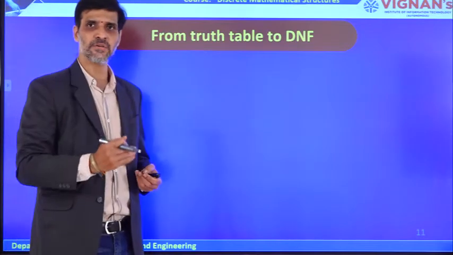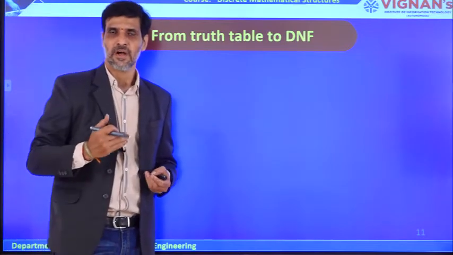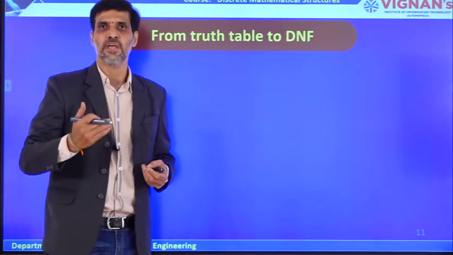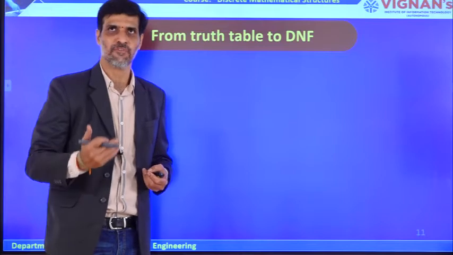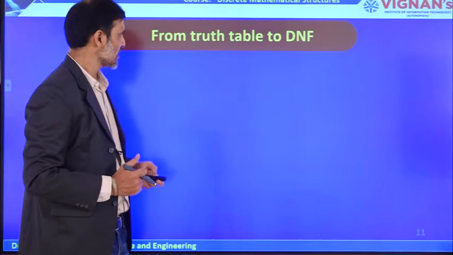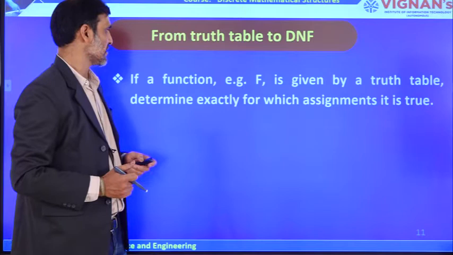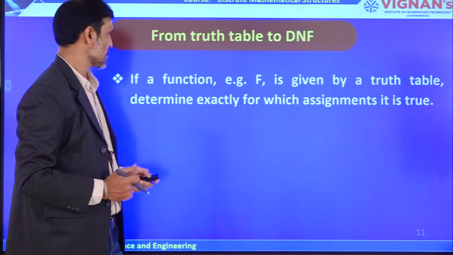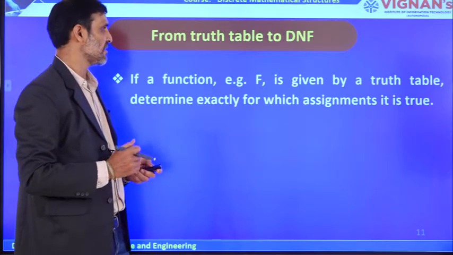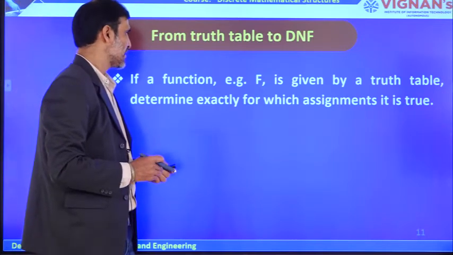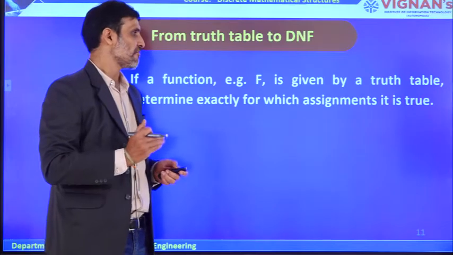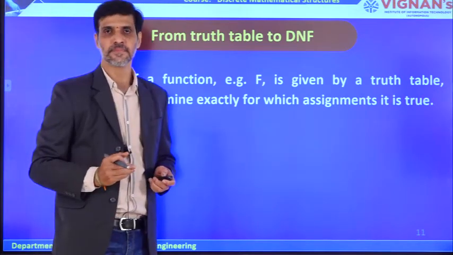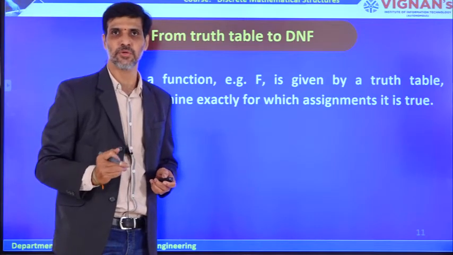So let us first discuss how to convert a given compound proposition into disjunctive normal form. What is the procedure? If a function f is given by a truth table, determine exactly for which assignments it is true.